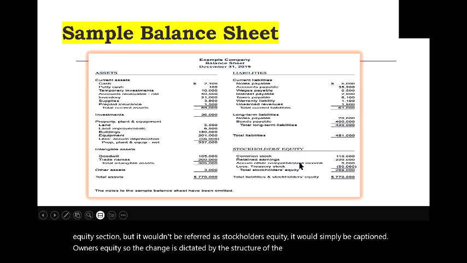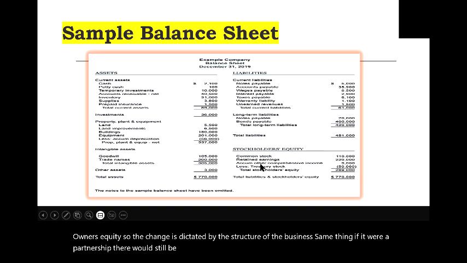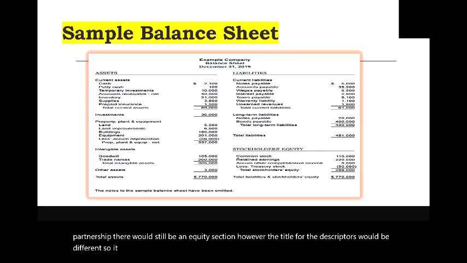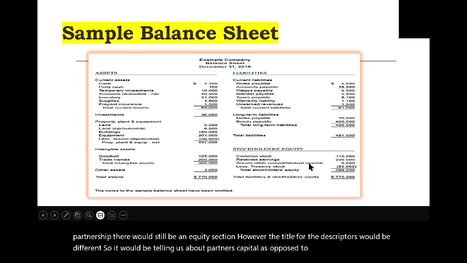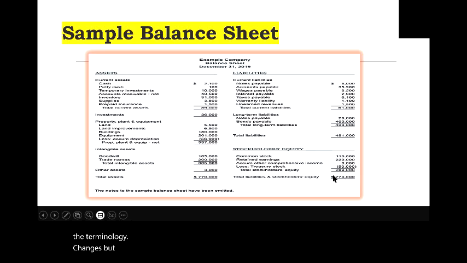Same thing if it were a partnership, there would still be an equity section. However, the title for the descriptors would be different. So it would be telling us about partners' capital as opposed to stockholders' equity. So the terminology changes, but the essential concept is still that of total equity.